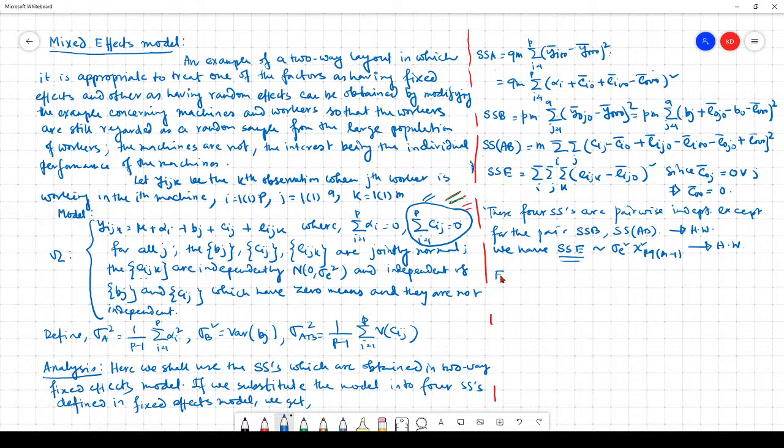Therefore, expectation of SSE is equal to sigma square pq(m minus 1), hence expectation of MSE, which is SSE by pq(m minus 1), equals sigma square. Hence, MSE is an unbiased estimator of sigma square.